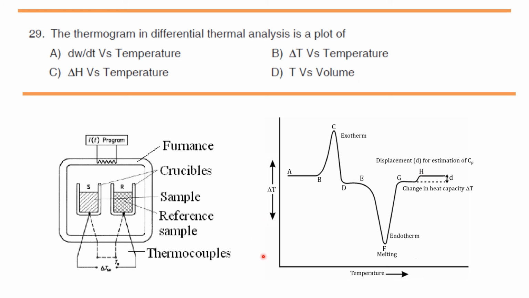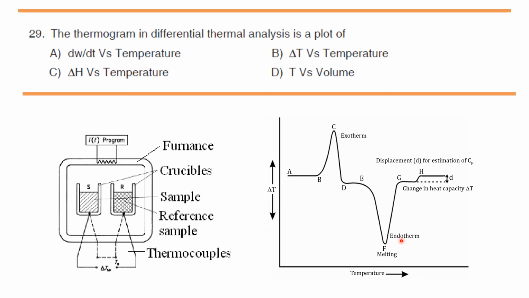And the graph that you will obtain in a DT analysis is something like this. That is, you can have a peak pointing towards upside and downside, and in the upside that is termed as an exotherm, and the one which is pointing downward is termed as the endotherm. And this is a typical representation of a DTA graph.